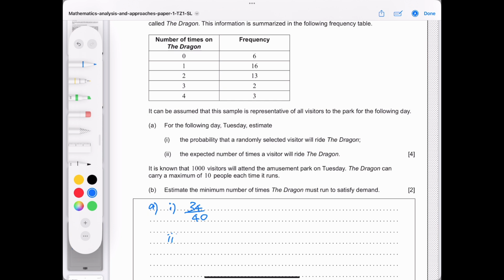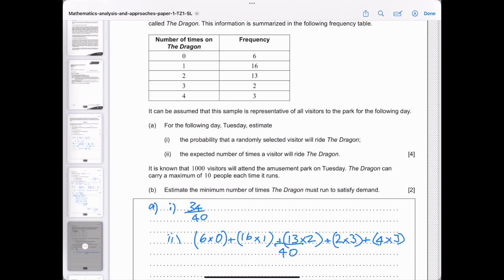And then the second question is the expected number of times that a visitor will ride the Dragon. So that would be 6 times 0 plus 16 times 1 plus 13 times 2 plus 2 times 3 plus 4 times 3, all over 40.